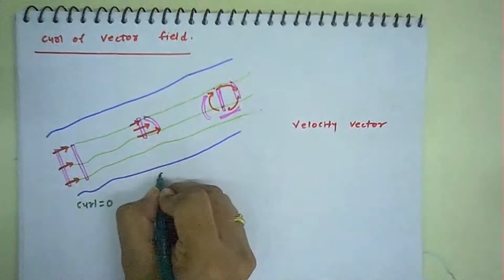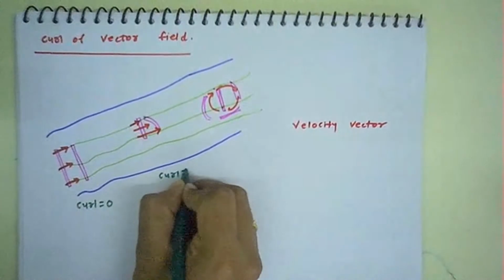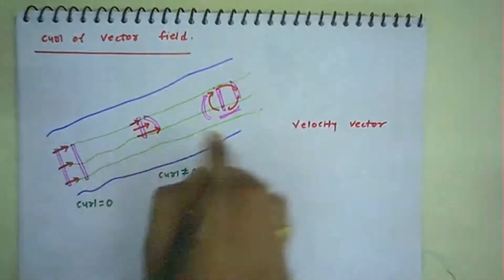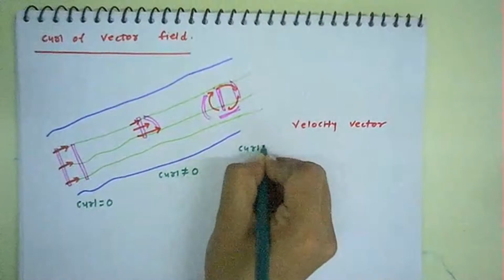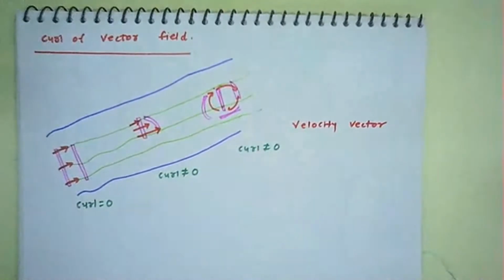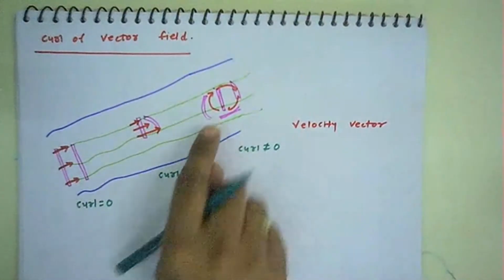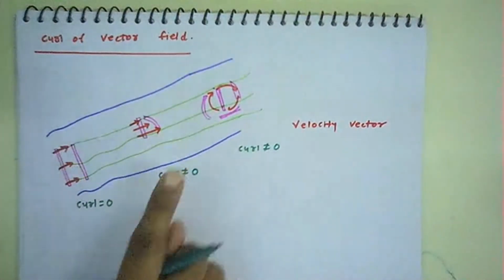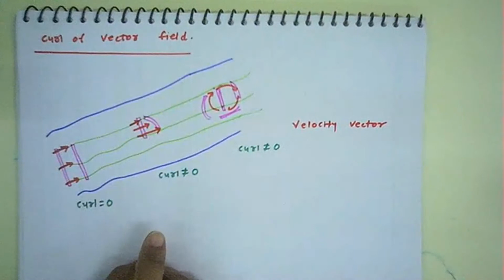Here we can consider the curl is non-zero, and here again the curl is non-zero. So if the vector field is having a rotation, then we can say it is having curl, and the value of the curl of that vector would be non-zero.